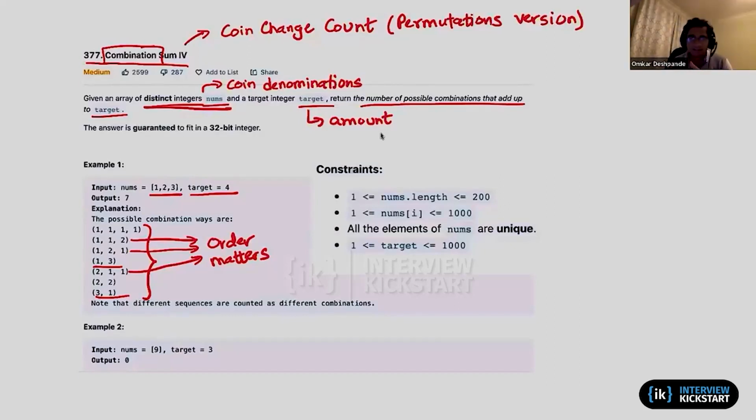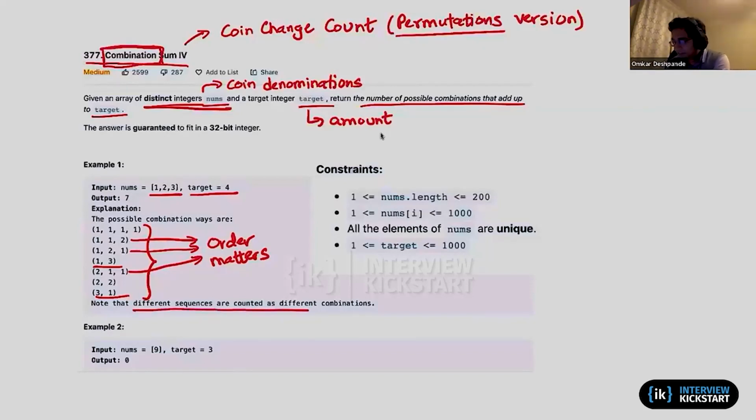When order does not matter, that combinatorial object is a subset or a combination. So the word combination, therefore, is ambiguous in this context. But what they actually mean here is something like a combinatorial object, right? Because order matters, so that's why I have called this the permutations version of the problem.